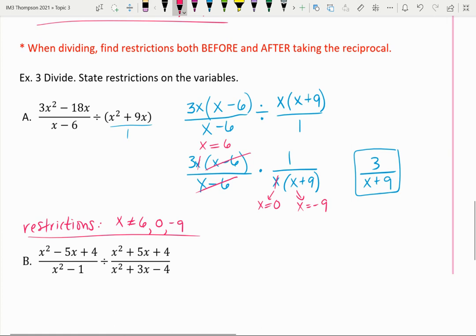Have an example for you to try. I'm going to go ahead and do the factoring for you, okay? Try to ease the burden.